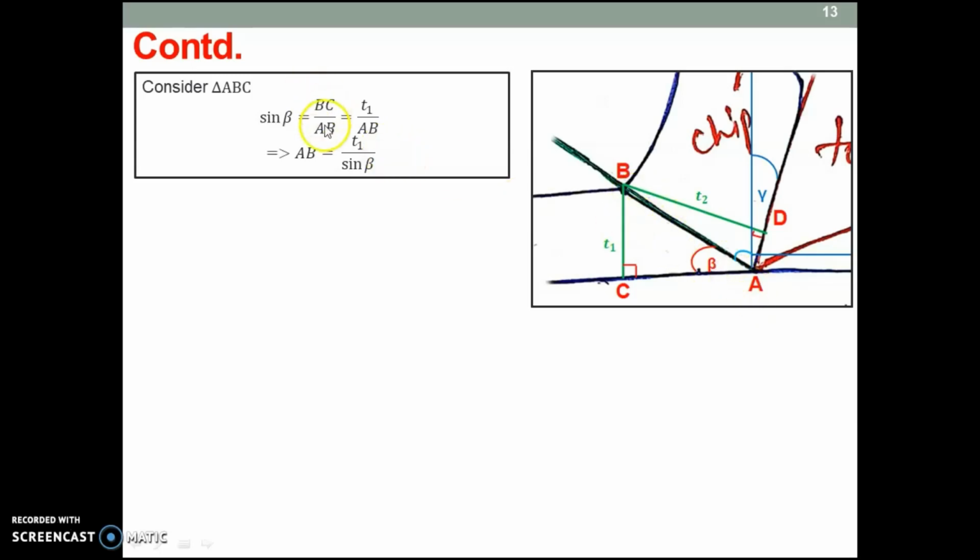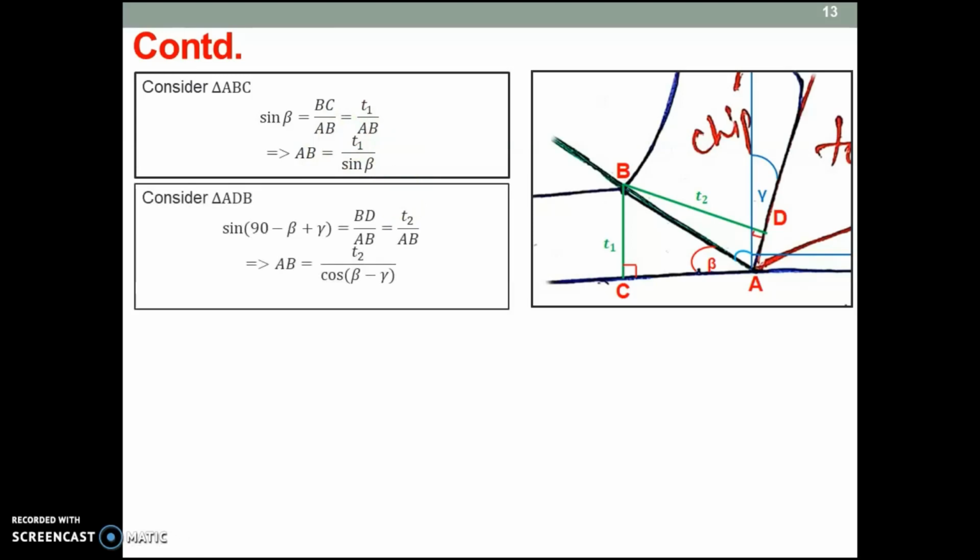So sine beta is equal to BC by AB. What is BC? BC is T1. So sine beta is equal to T1 by AB. If we arrange, then you will get AB is equal to T1 by sine beta.